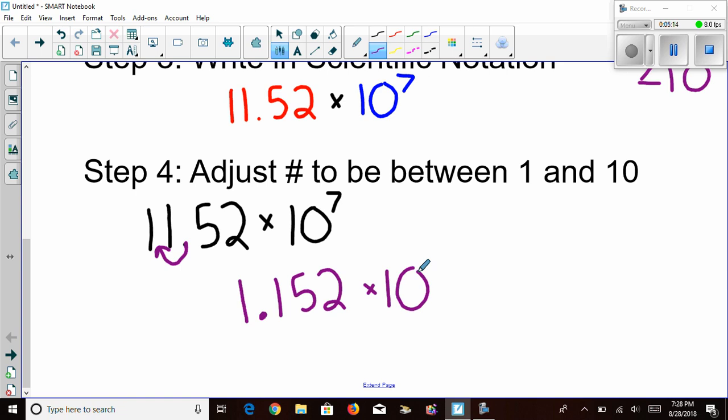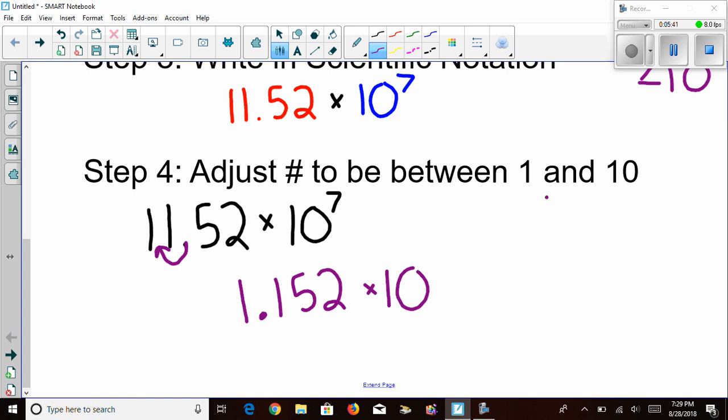Notice that with the exponent, it indicated how far the decimal moved. Well, our decimal had to move one more space to the left. And every time we have moved the decimal to the left, it has been because our number is greater than 1.